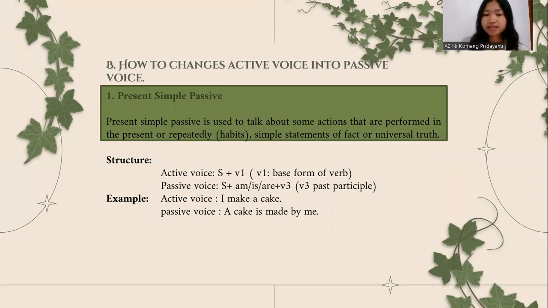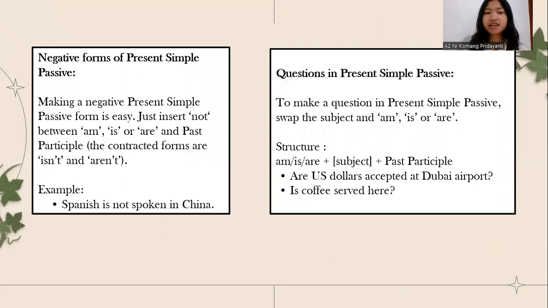And then passive voice is subject plus to be (is, are) plus verb 3. For example, I make a cake for active voice, and then a cake is made by me for the passive voice.